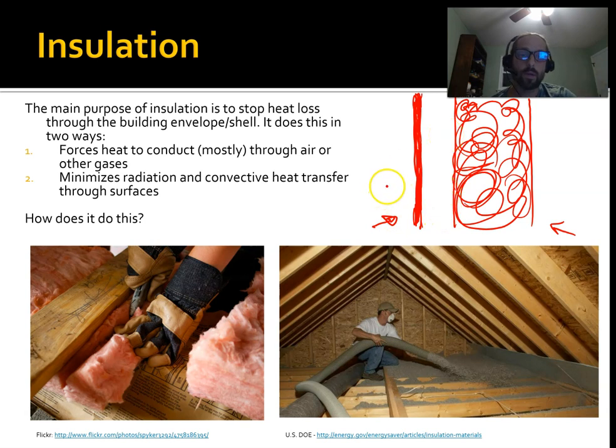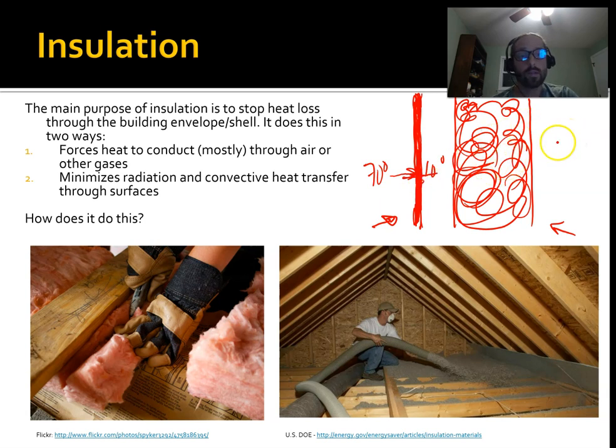So if you have some warm air, let's say it's 70 degrees here, and whatever, 10 degrees outside, that warmth is going to conduct. Let's say this is just wood or anything, metal, even drywall. It's going to pretty much conduct right through there, right? There's not much to prevent that heat from flowing from this side over to this side.